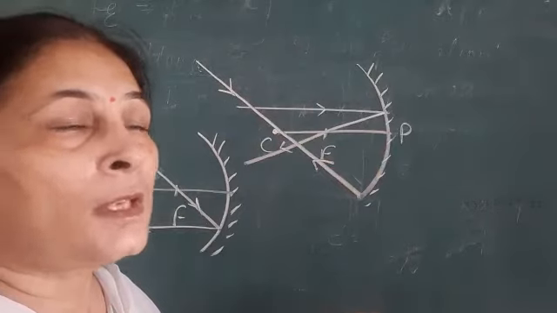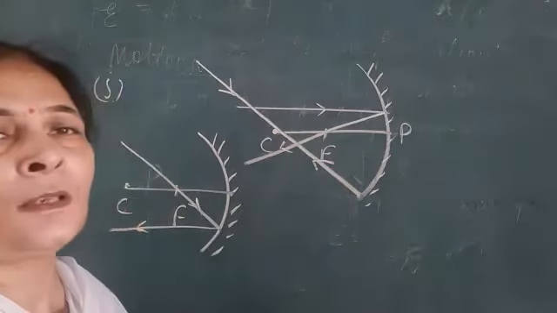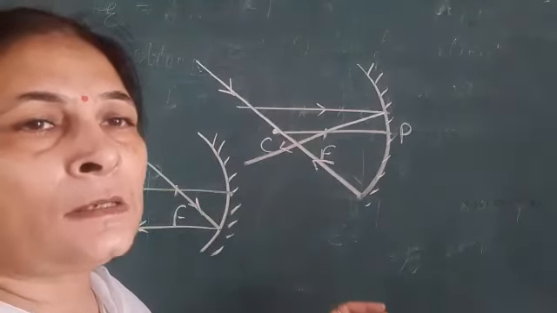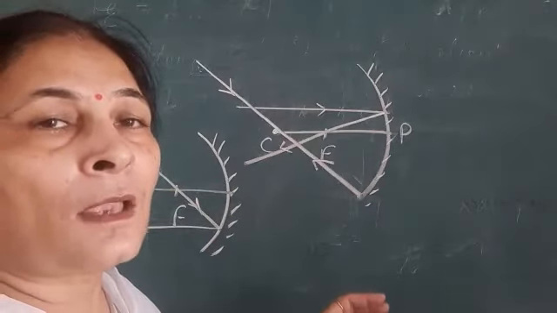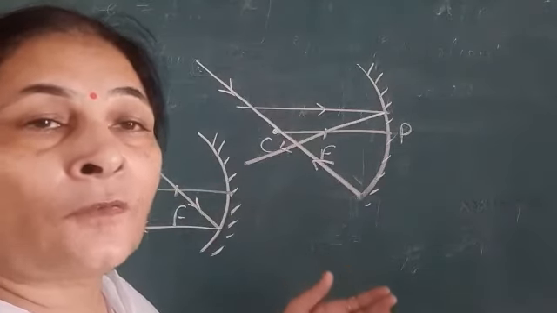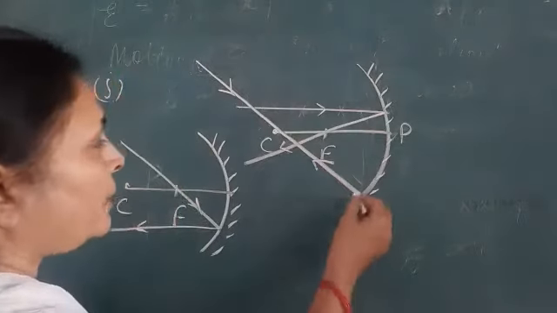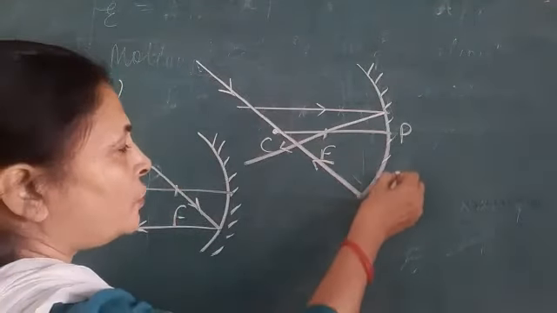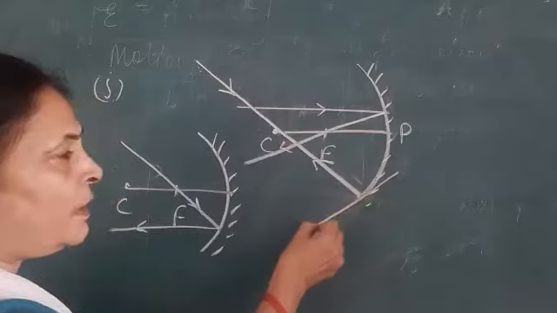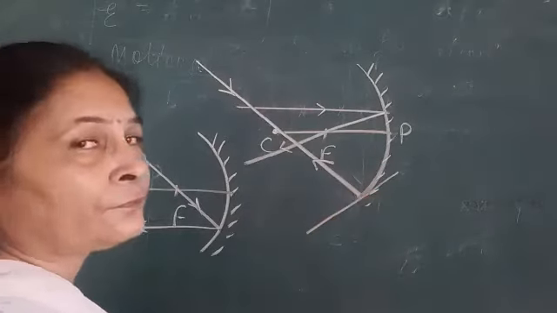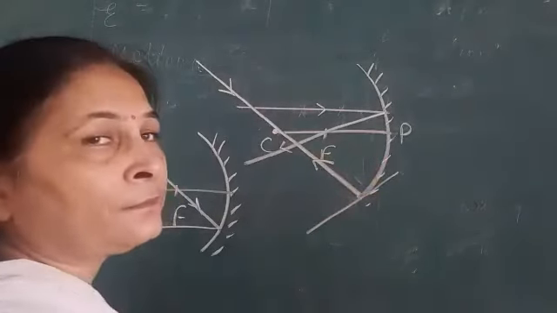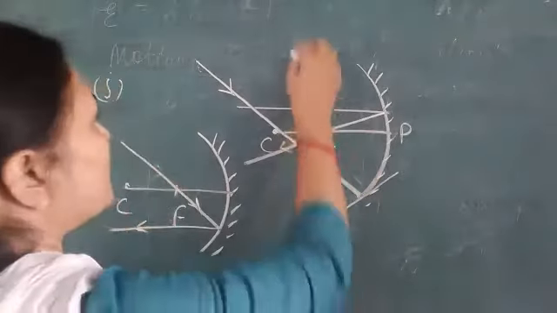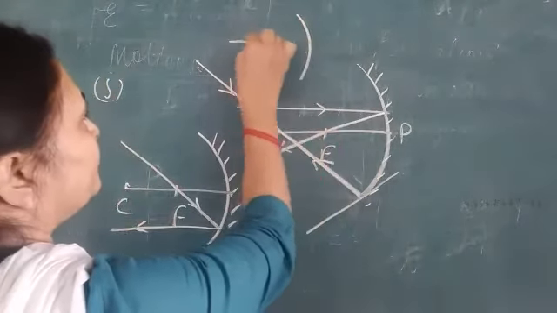And the fourth is that at whatever point an incident ray is incident, it is going to follow the law of reflection. So what you have to do, wherever the ray is incident, draw a tangent at that surface, draw a normal, whatever be the point, you can take a general point.